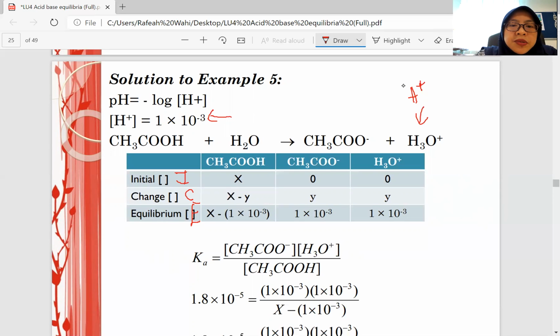In this case, you don't know what is the initial concentration of the acetic acid, but you do know there is a change in concentration of the initial acid. So the change would be negative Y.